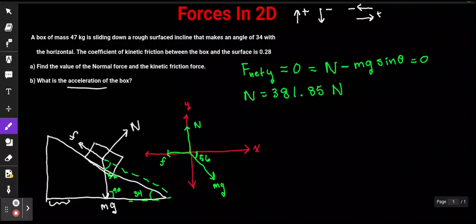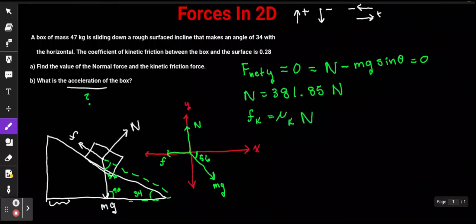In order to find the kinetic friction force, we can't do a force net equation. The reason for that is that we don't know what our acceleration is. But we do know the friction equation and the coefficient. The kinetic friction equation is equal to the coefficient of kinetic friction times our normal force.